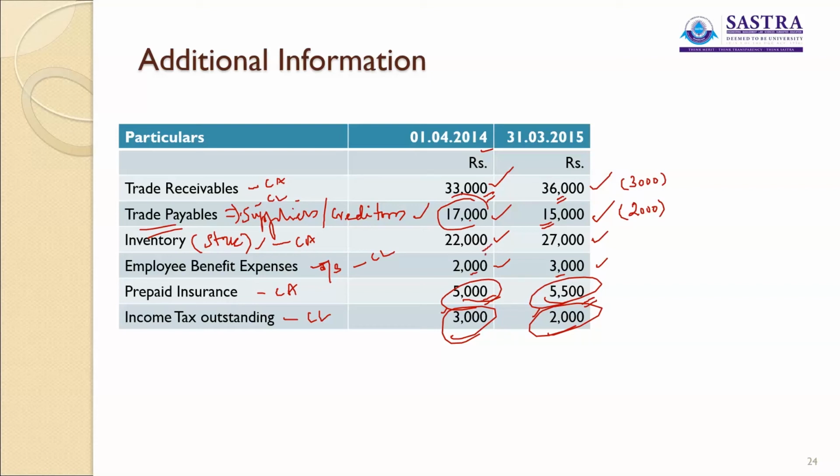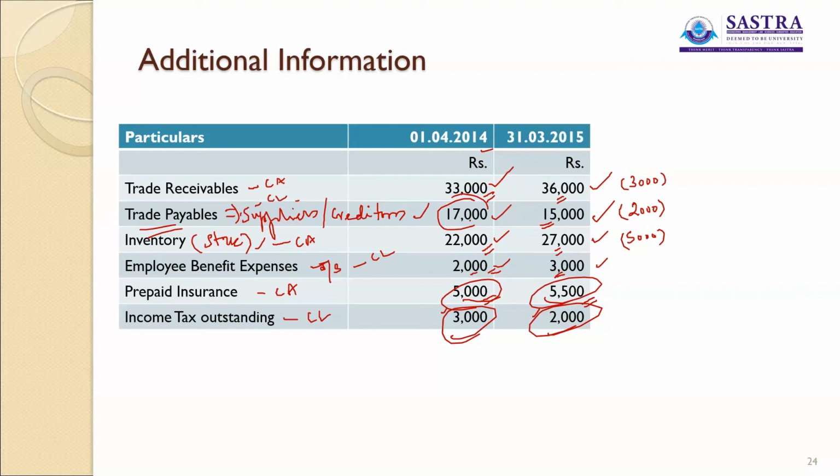Similarly, in case of inventory, your opening balance is 22,000, whereas closing is higher. There is an increase. So increase in inventory means less cash in hand. So 5,000 rupees less cash in hand. And employee benefits outstanding is increasing. That means you are getting credit.